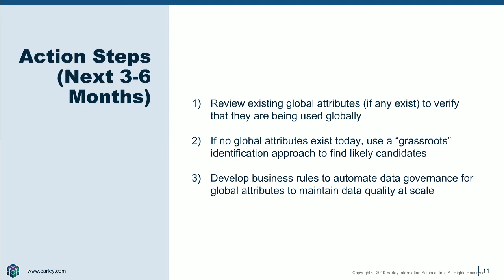And if you don't have any global attributes today, then make sure you're using a grassroots effort. Start in your terminal nodes and look for attributes that are commonly used in the same way and promote them up incrementally. That's going to be a safer approach than dictating it. And lastly, take advantage of the business rules that you may have around global attributes, because global attributes apply to everything. You need them to be automated.